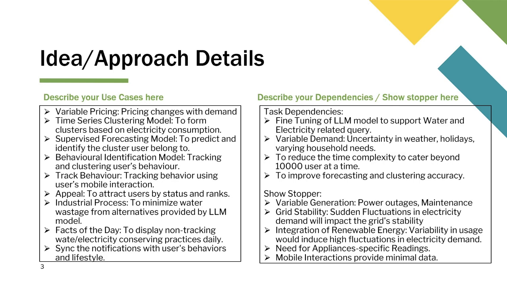Then describing a dependency is a showstopper here. We're going to talk about what this particular project is dependent upon. And those are fine-tuning of the LLM model. Why is that? Because we actually need to work upon the water and electricity related data. And the variable demand. As we know, the demand for electricity will vary depending upon various situations like special events, weather, and holidays.